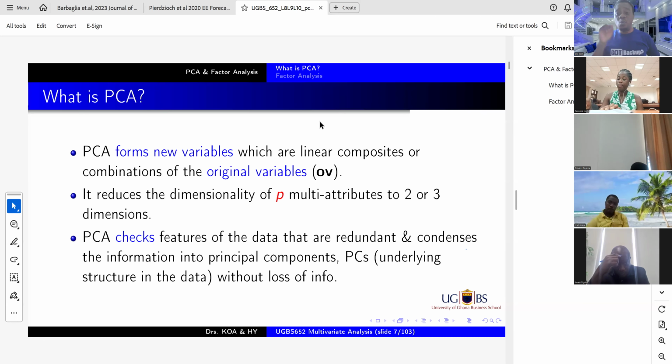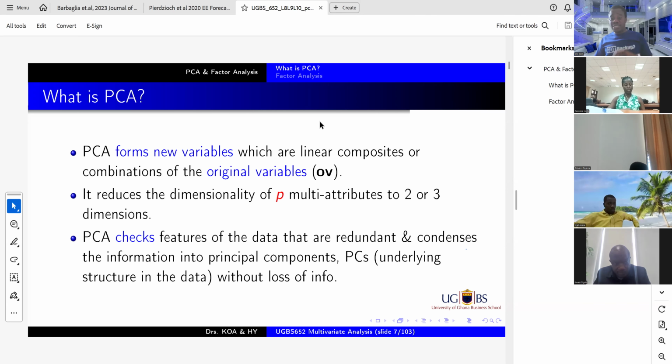In other words, each of the original variables is given a weight, is given an importance. Just like in a regression, each independent variable is given a parameter estimate, a beta coefficient. The parameter estimate will tell you how important that particular variable is in influencing the dependent variable.